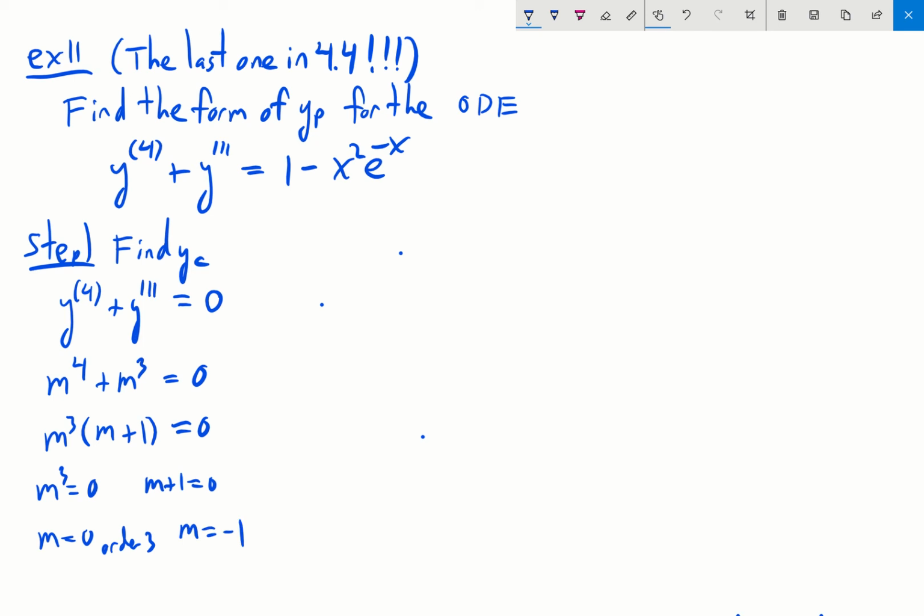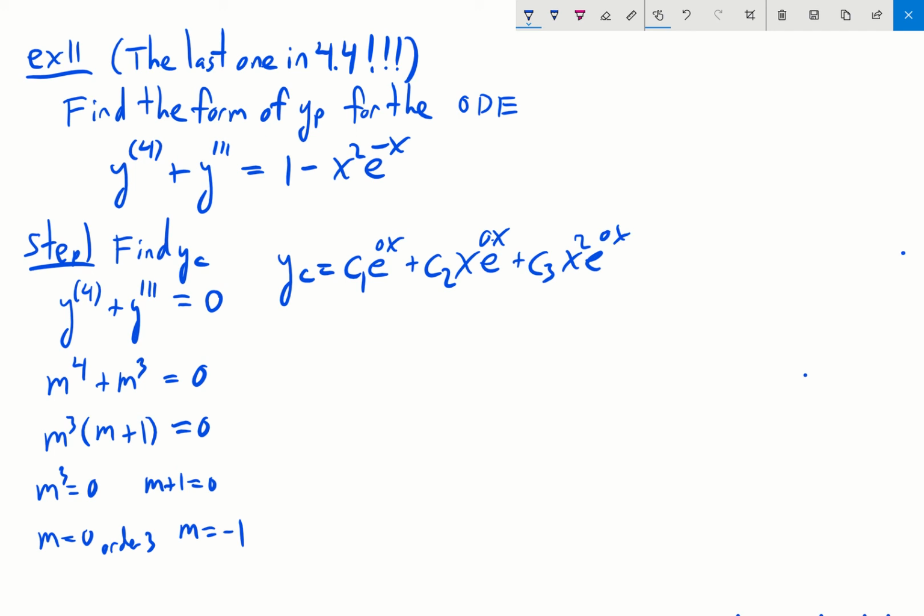So what this tells us is that our complementary solution is going to be c1. If you want to put the e to the 0 first, sometimes I find the consistency helps some students. Typically I would not write this. I would just go right to the next line, but if it helps you can use it. Because of that repetition, we're going to have some powers of x multiplying to this.